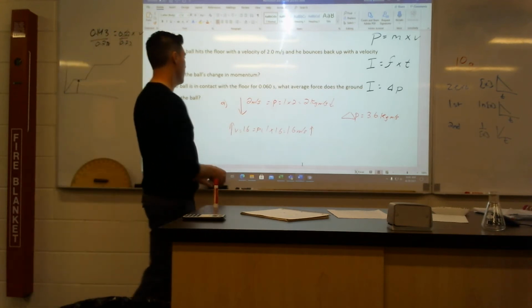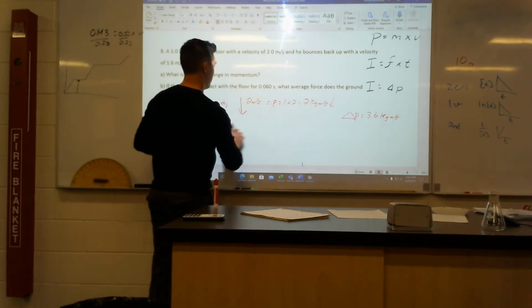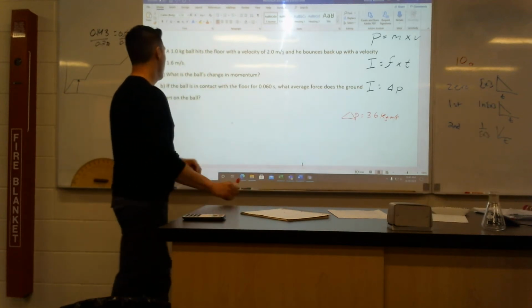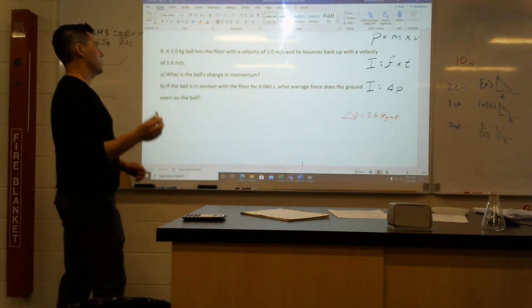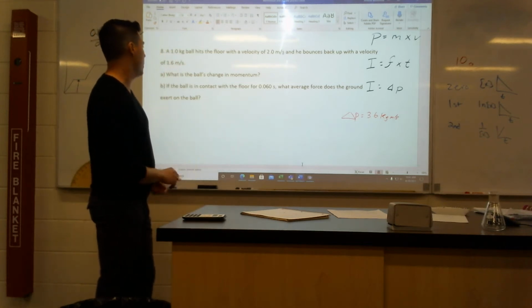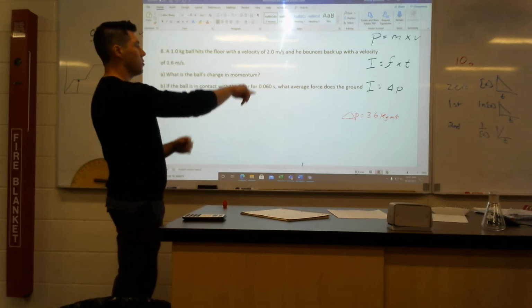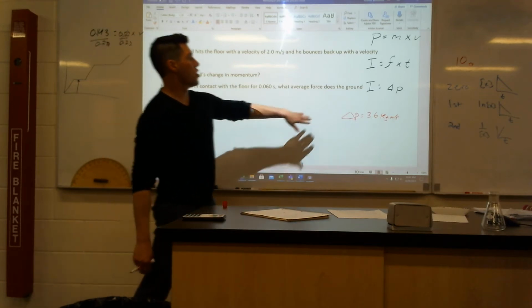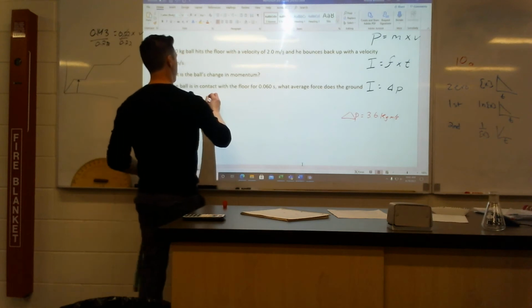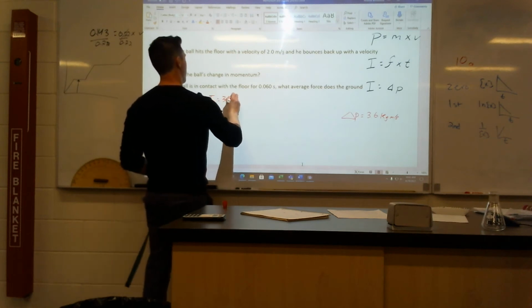Direction is very key. For B, I'm going to get rid of this, but keep that change right there. For B, if the ball is in contact with the floor for 0.06 seconds, what average force is done to the ball? That's where we look at our impulse. Our change in momentum is our impulse, so our impulse is 3.6.